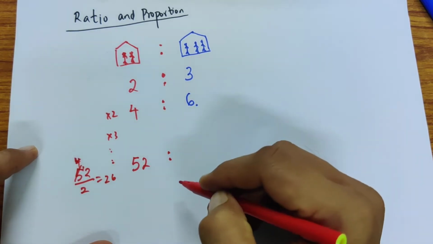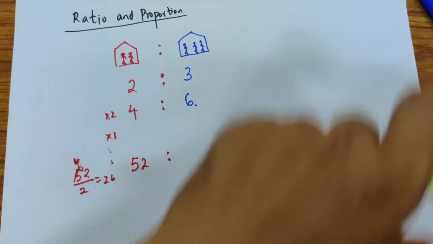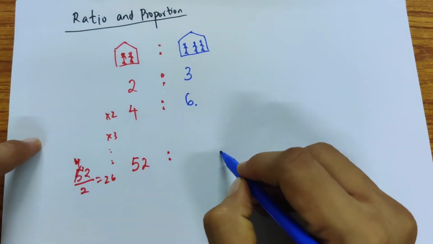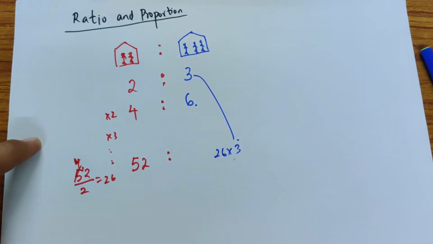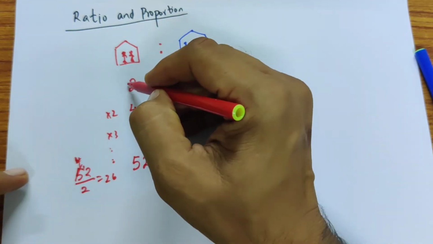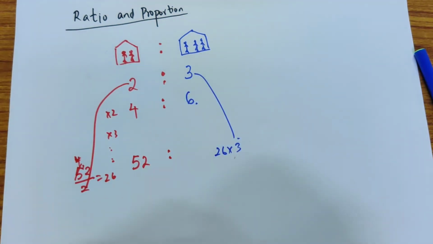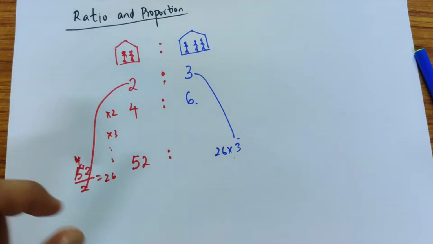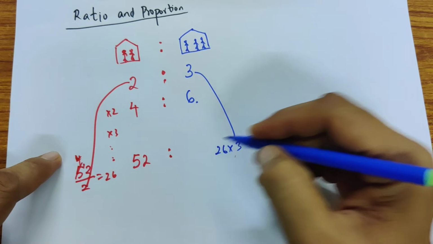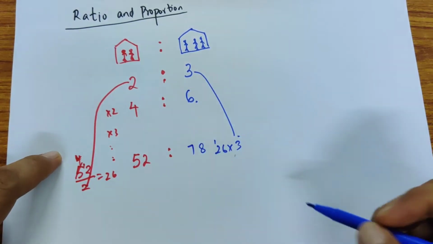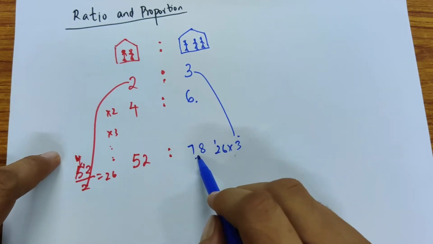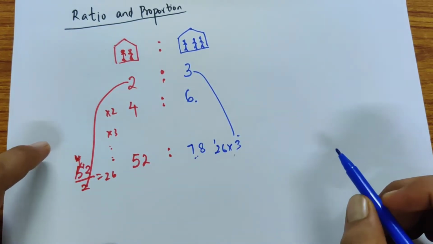So 26 days, and then you would say, okay, if I had 26 days, then 26 times 3. So you'll basically be using this number here and this number here in order to figure out how many liters of water would have been used till that day.